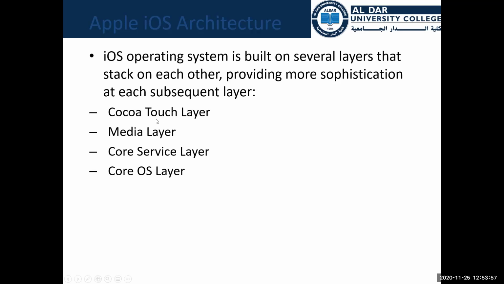For example, this is the easiest layer, then a little complicated, more complicated, and very complicated. So this is the layer of complication. It is like Android, but here we have four main layers, very well defined and well separated, unlike Android.